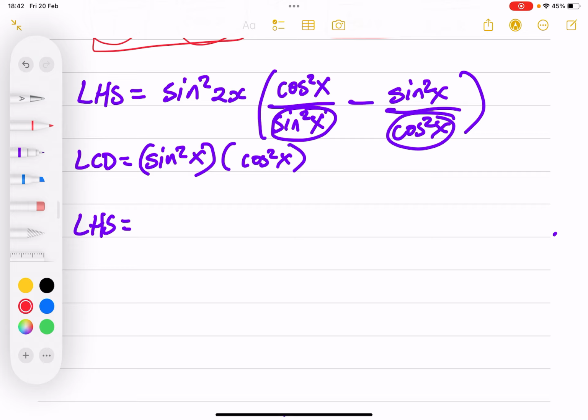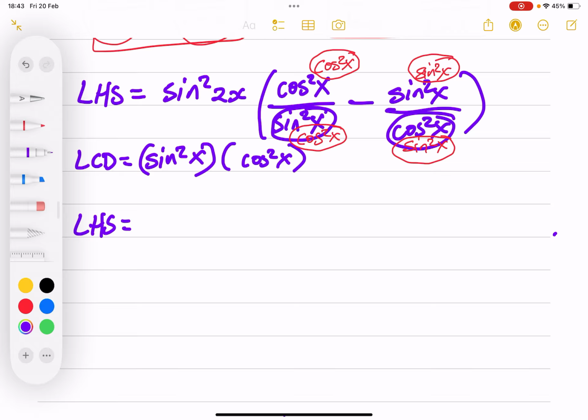We need to multiply this side by cos squared x so that the LCD is complete. We need to multiply this side by sine squared x so that the LCD is complete. But what we multiply on the bottom, we must also multiply on top. I'm multiplying by cos squared here, I must multiply by cos squared there. I'm multiplying by sine squared here, I must multiply by sine squared there.